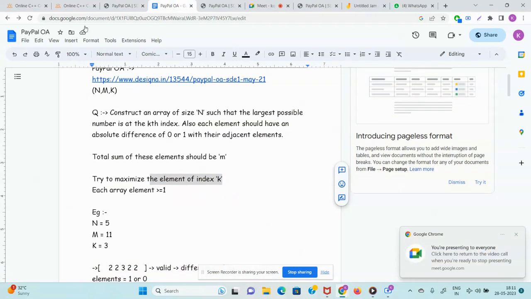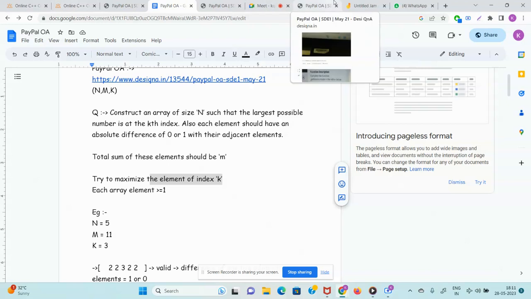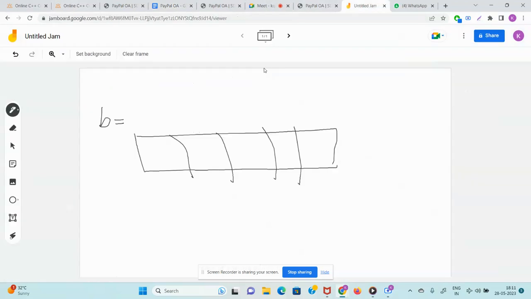Okay, now guys, to check if the understanding is clear or not, what I will do is I will myself create a test case for you. So guys, n is 5. k is say 2. And m is, let me think for a second.